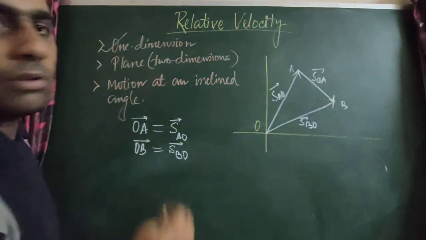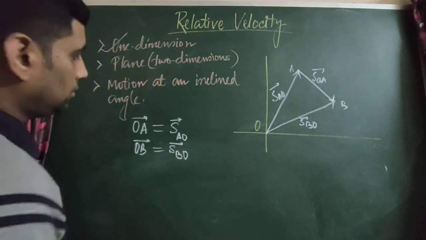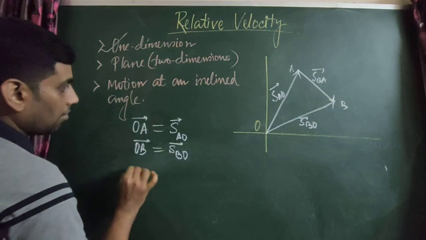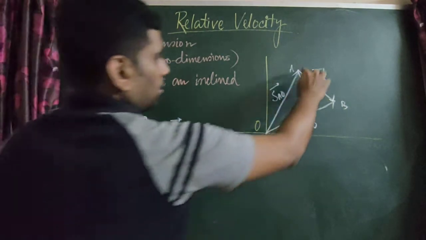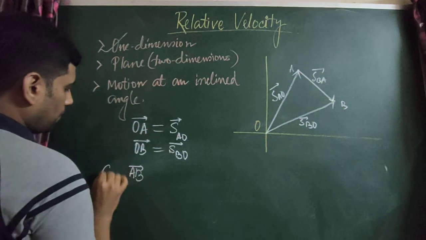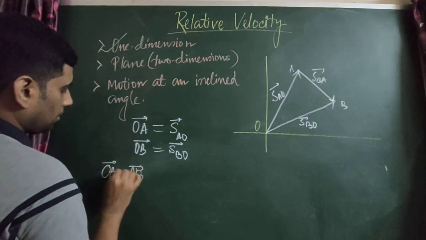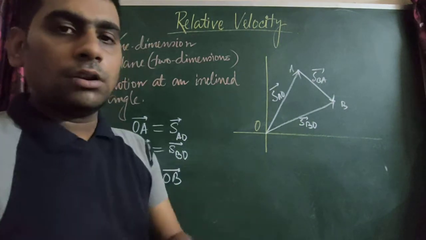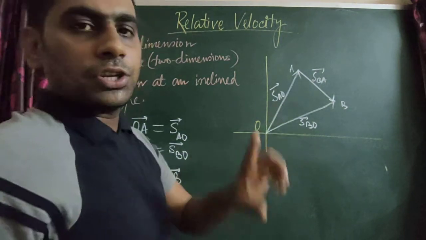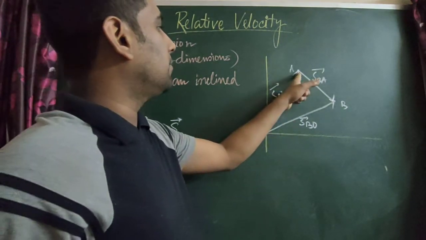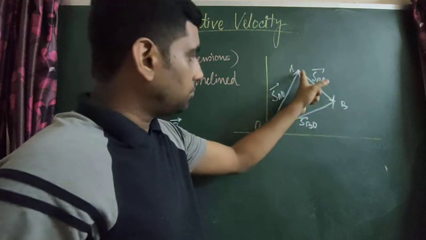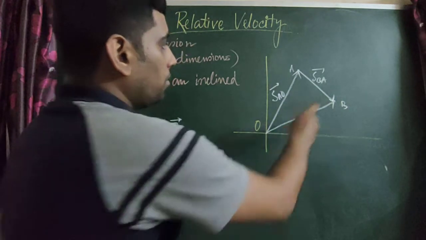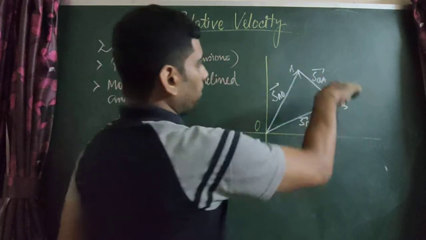From the triangular law of vector addition, we can write that OA plus AB equals OB. Because, see, OA and AB are in the same direction, and OB is the resultant, so OB is equal to OA plus AB.